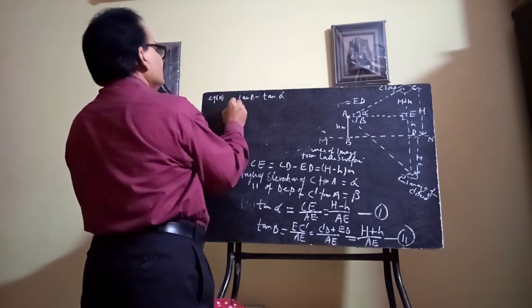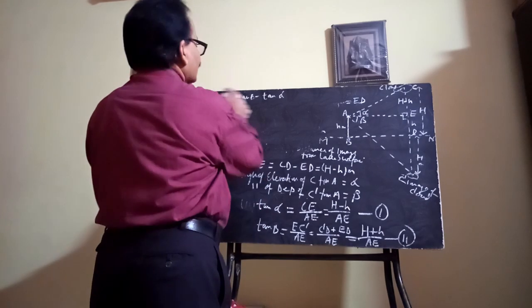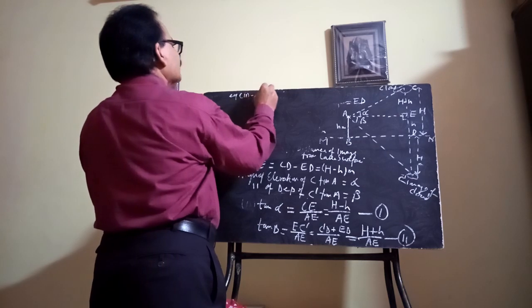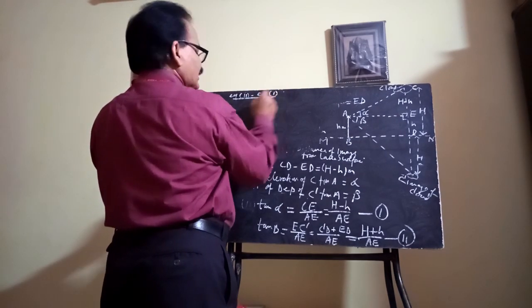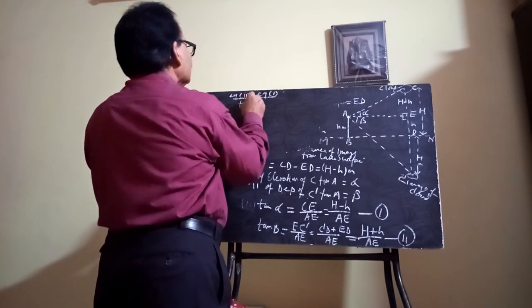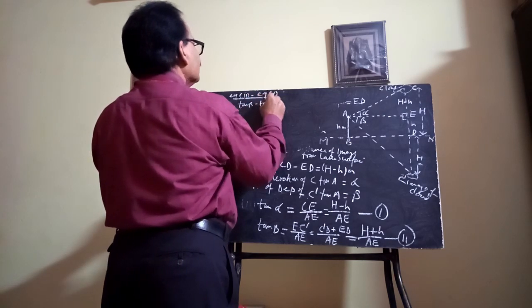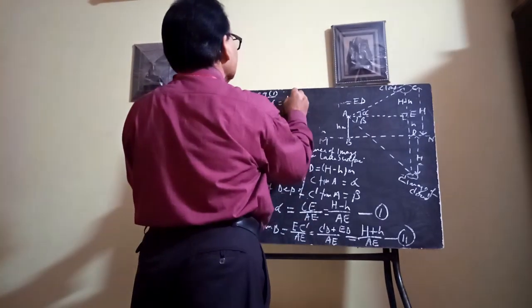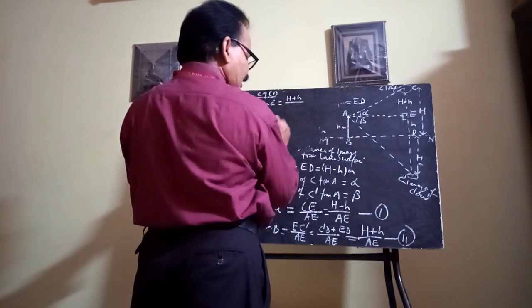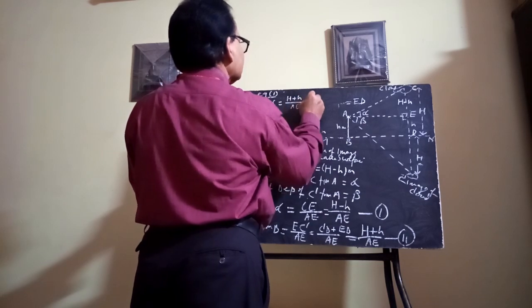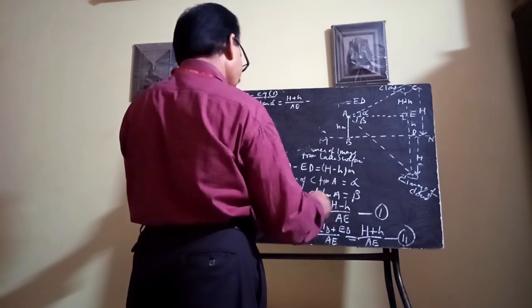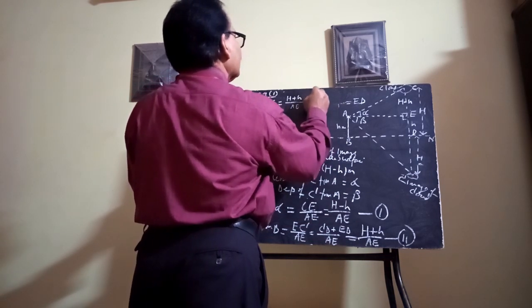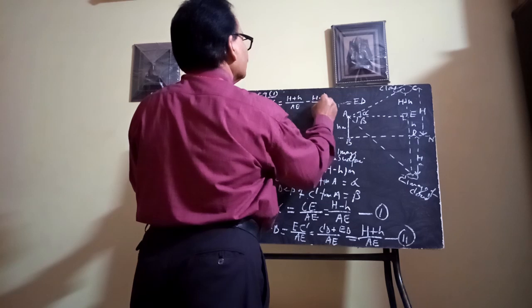So tan beta minus tan alpha must be equal to capital H plus small h by AE minus capital H minus small h by AE.